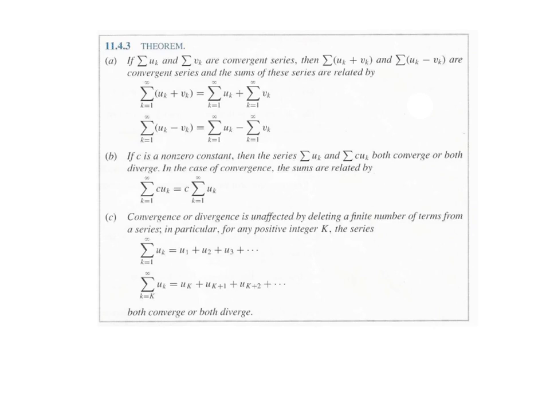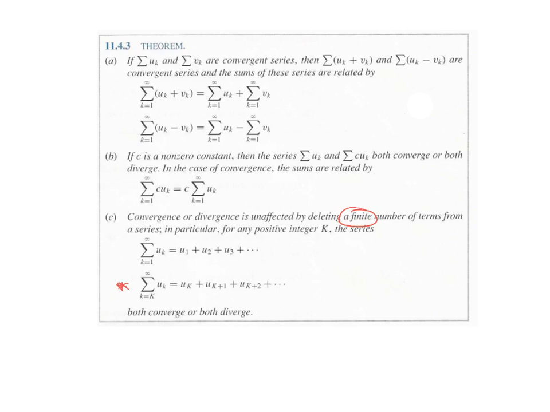So convergence or divergence is unaffected by deleting, the only caveat is, a finite number of terms from a series. And then the rest of it goes sort of symbolically representing what it says in words. So really, you can knock out a finite number of terms from a series, then you get this, what would you call this one? Like the secondary series.